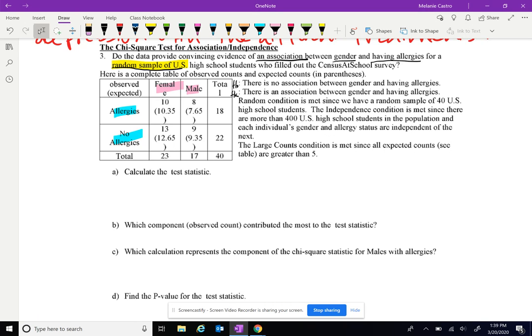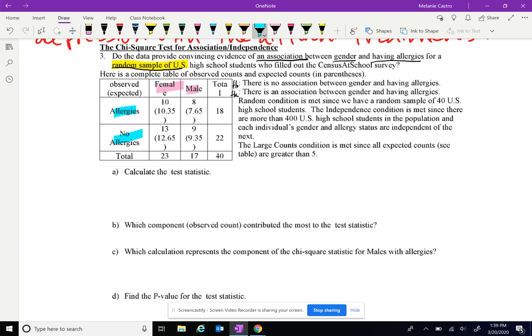All right, so here we have our H0 and our Ha already given to us. The H0 is that there's no association between gender and having allergies. The Ha is that there is an association. In other words, our H0 would be that they are independent variables, and your Ha is that they are dependent variables.